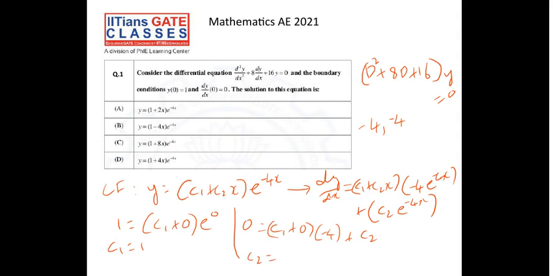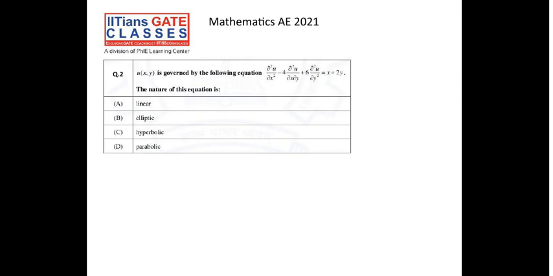So this gives us c2 is equal to 4c1, and since c1 is 1, we get c2 as 4. So c1 is 1 and c2 is 4, and we check the options now. So option D matches over here, 1 plus 4x into e raised to minus 4x. So next question.